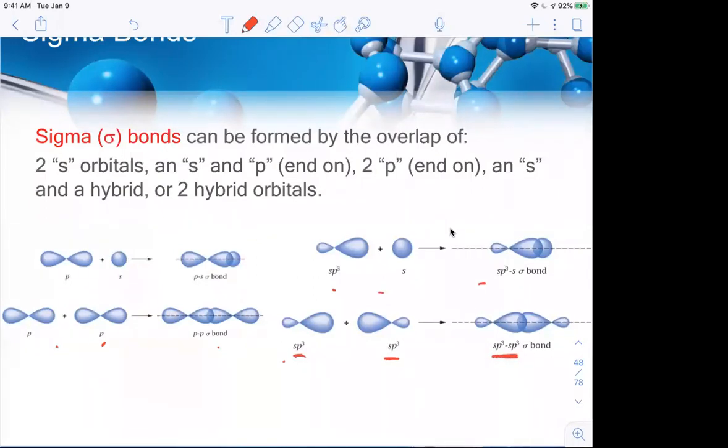Because these are all overlapping orbitals, they're all head-to-head overlap. This is along the internuclear axis in every case. These are going to be my sigma bonds.